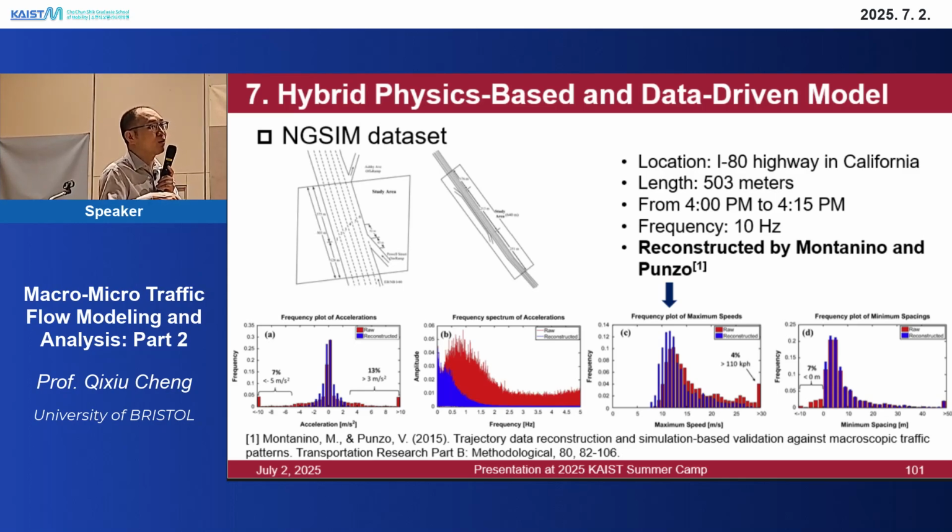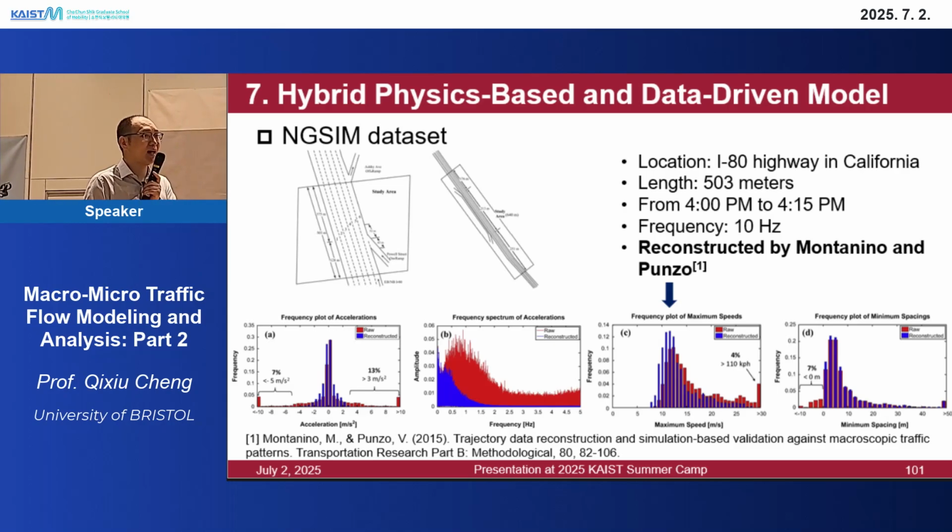In the revision, we also test different datasets and the transferability across datasets. For example, we calibrate using the NGSIM dataset and validate using the ZTD dataset. In our paper, we did this.